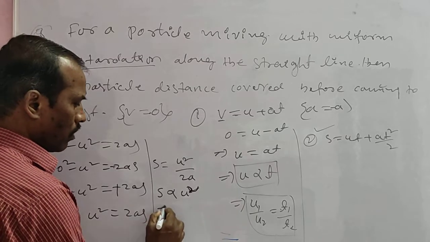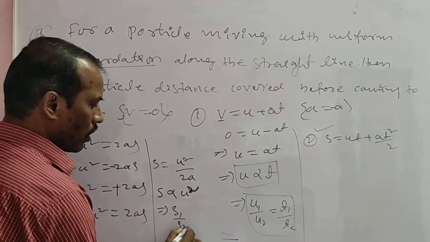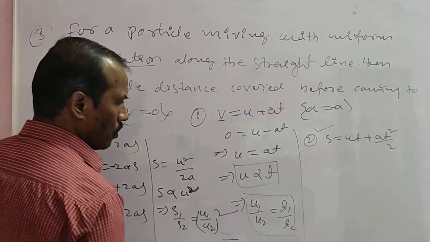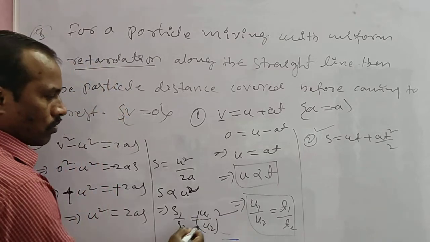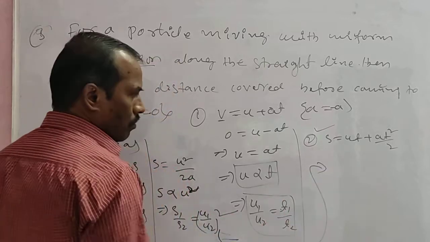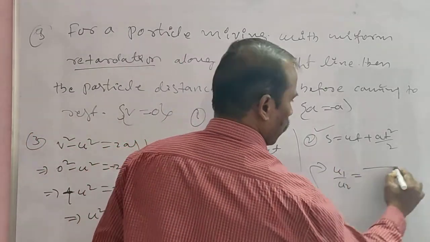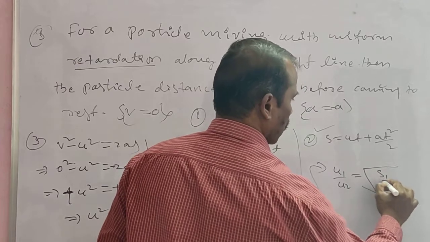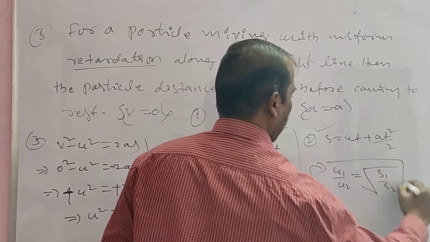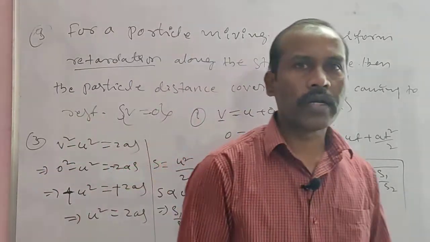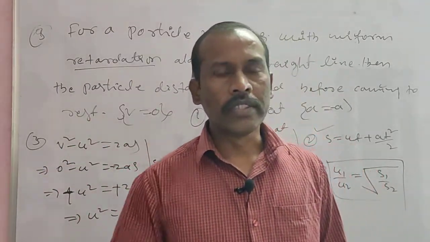That means s1 by s2 is equal to u1 by u2 whole square, so u1 by u2 is equal to under root of s1 by s2. These relations are very important for complicated problems in JEE Mains and NEET.